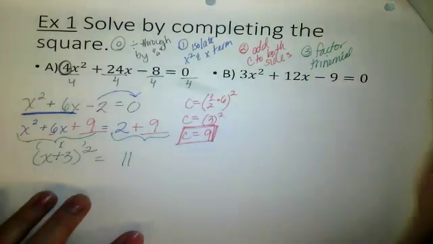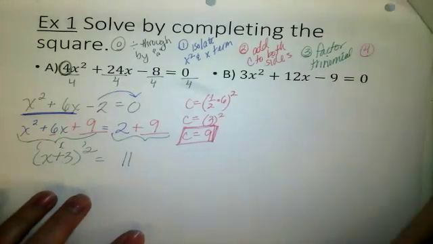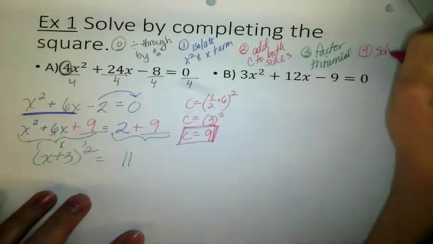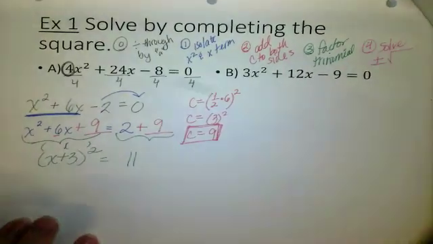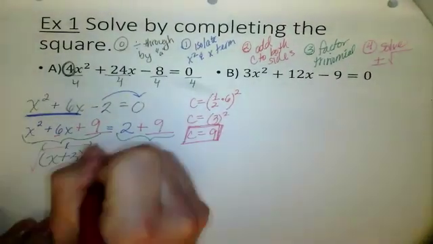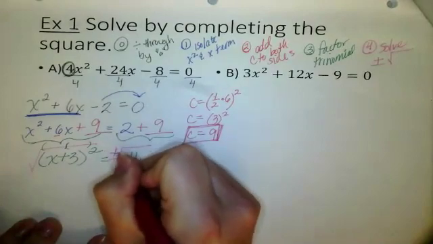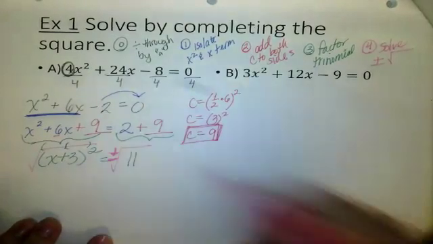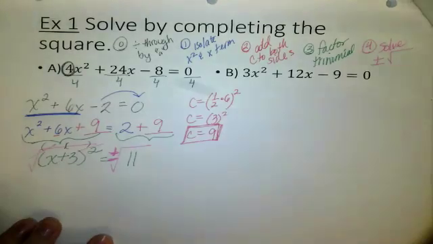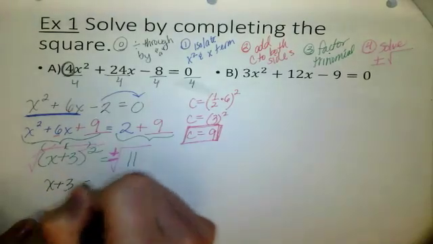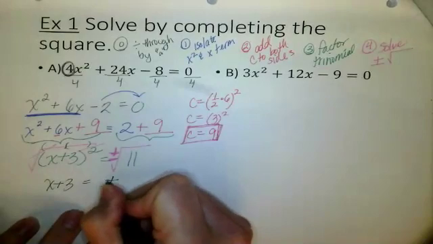All right, and what is my fourth and final step here? Solve by taking a plus or minus the square root. Solve using the square root method. So we're going to take a square root of both sides. Don't forget the plus or minus, super important. The square root and the square cancel out, leaving x plus 3 equals plus or minus the square root of 11.